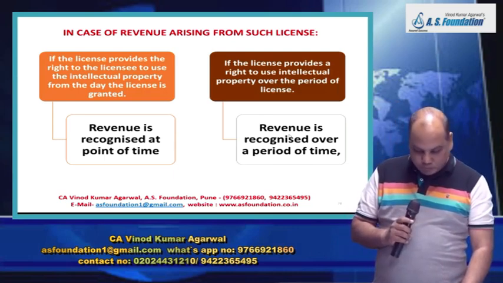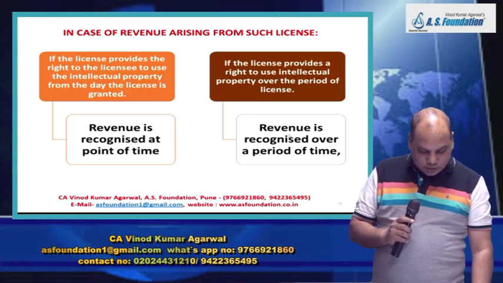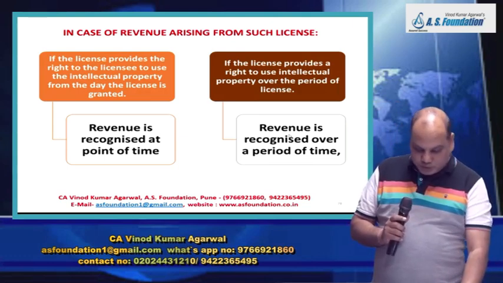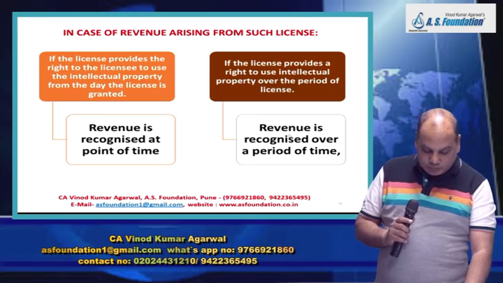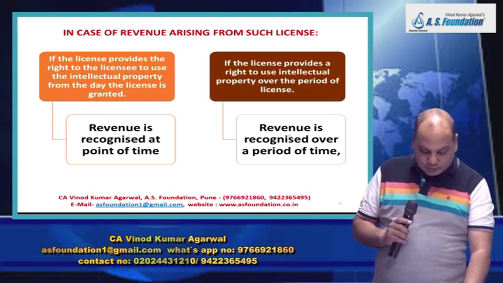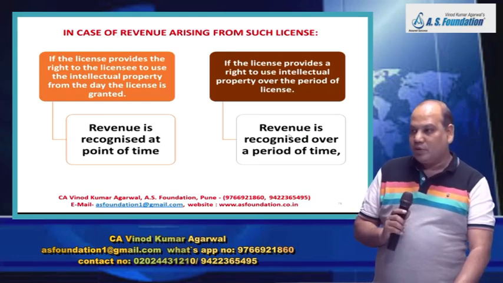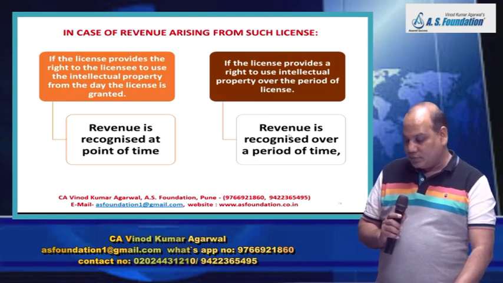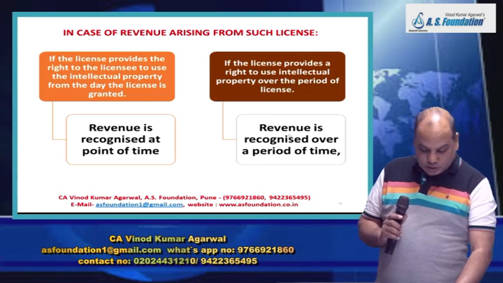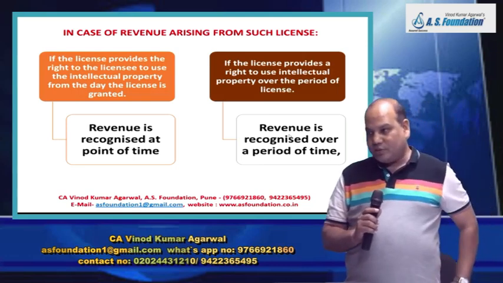Okay. Now we'll come to some special point. Specific guidance is provided in relation to revenue arising from provision of license relating to intellectual properties. So the standard has given you specific guidance on how to recognize revenue from license related to intellectual properties.